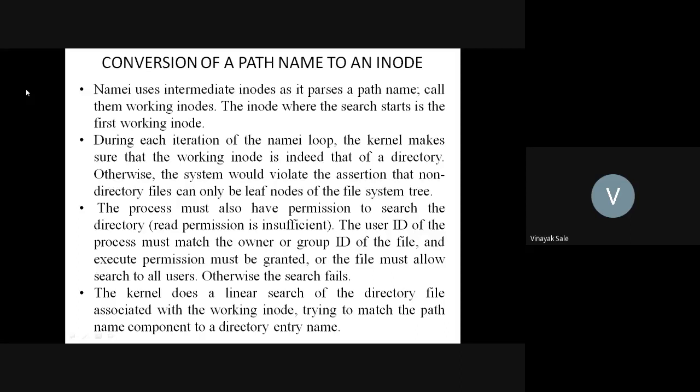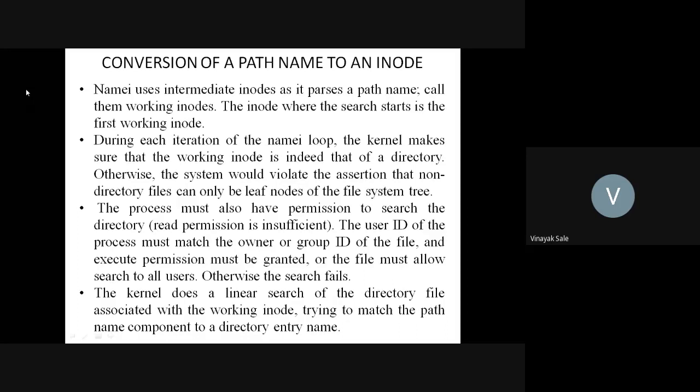During each iteration of the namei loop, the kernel makes sure that the working inode is indeed that of a directory. Otherwise, the system would violate the association of non-directory files. The process must also have permission to search the directory.